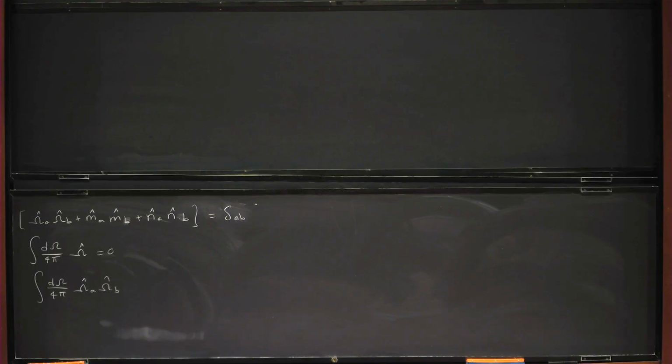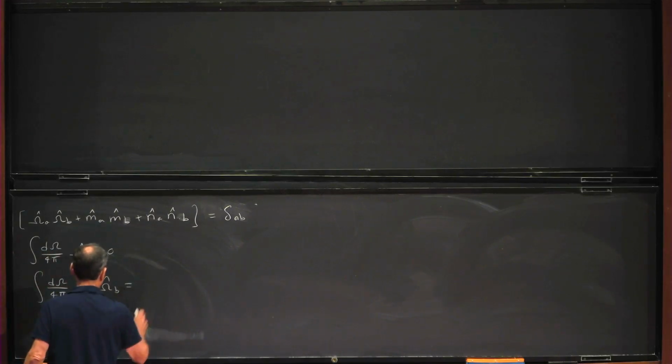It has to be proportional to the Kronecker delta. Mathematically speaking, this integral is invariant under the rotation group. And this is a rank 2 symmetric tensor, and the only rank 2 symmetric tensors that are invariant under the rotation group are proportional to the identity. So that's the technical reason, but Feynman would just say this is obvious by symmetry. It's got to be proportional to delta AB.